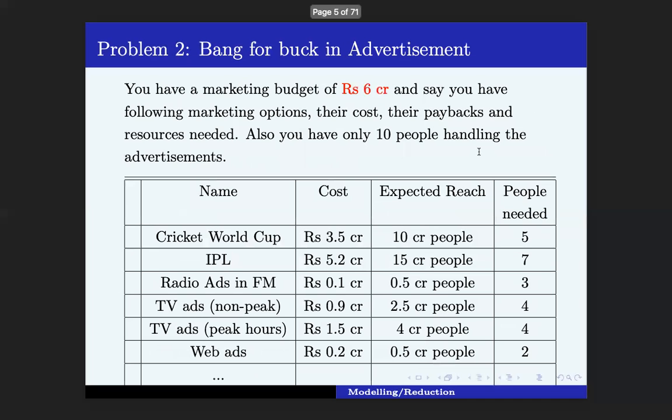Okay. The next problem is called a bang for buck in advertisement, right? So basically, say you have been hired in an advertisement company, and you have been given 6 crore rupees to come up with advertisements.